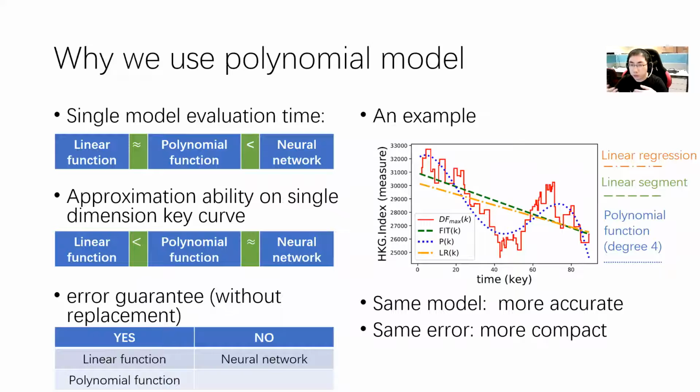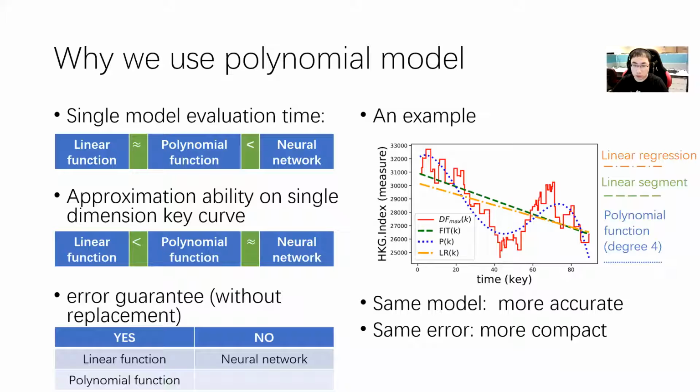One may wonder why we use polynomial functions to approximate the curve. The reason is we found that polynomial functions could be more suitable in our problem settings. But to our surprise, they haven't been used in any previous learning index structures. In our case study, we found that the model evaluation time of a lower degree polynomial function is very close to a simple linear function such as linear regression or linear segment.